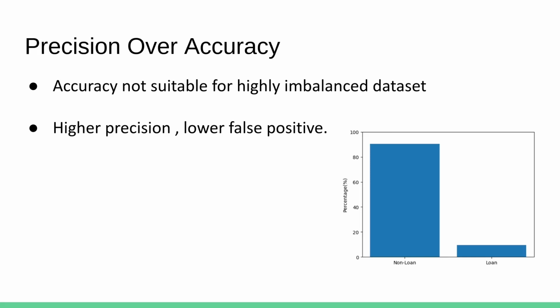So we don't want our not loan given label to be treated as loan given, because if you give out loans to a person who we shouldn't give out loans, then basically there is a chance that they cannot pay the loan back, and our bank will default. Hence, we want low false positive, meaning we want lower chances of not loan given to be labeled as loan given.